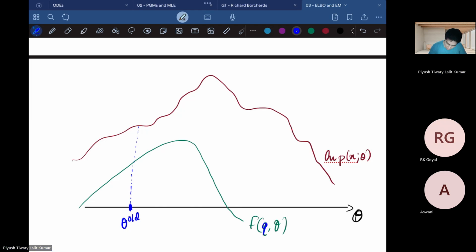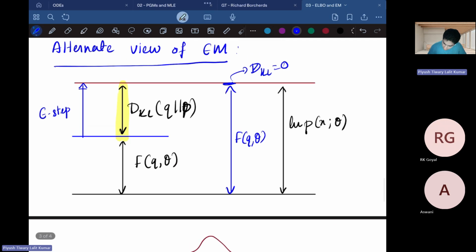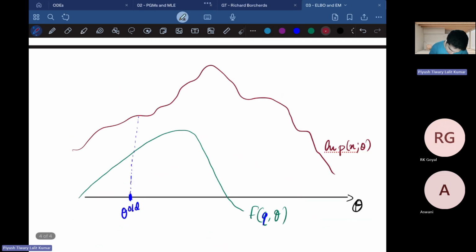Okay. Now let us bring this picture here, right? Here you can think of it like this. This is the current value of your f at this particular theta.